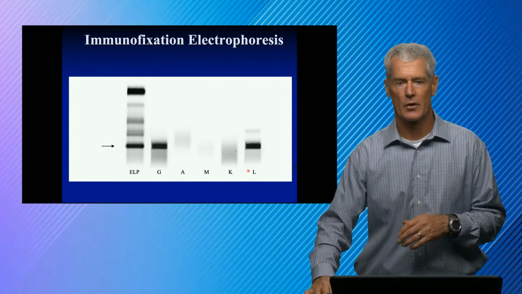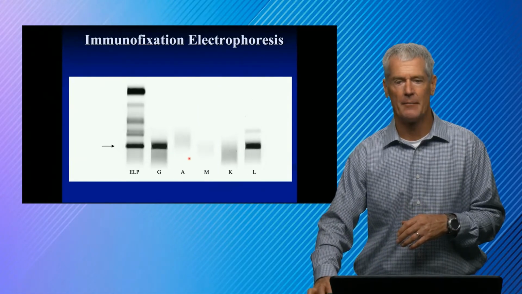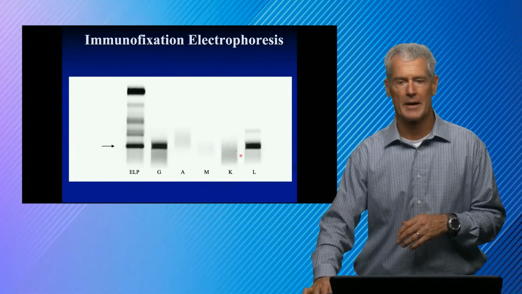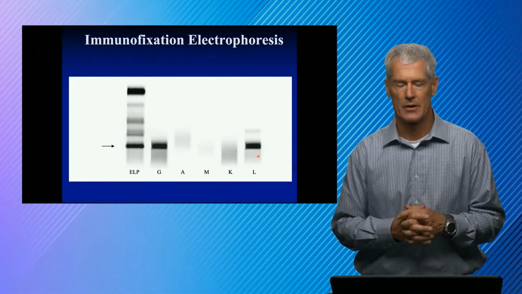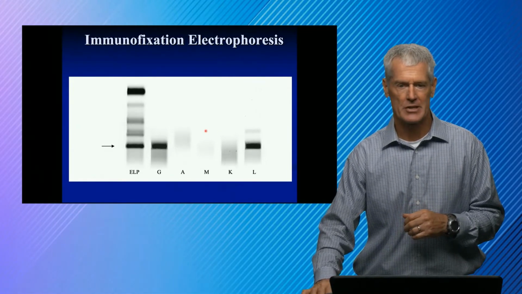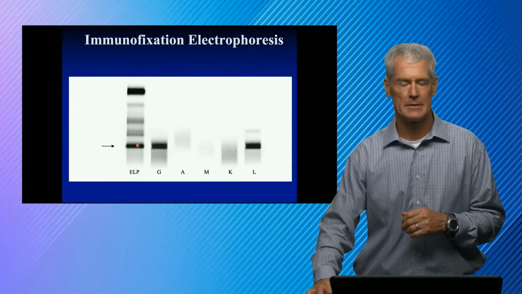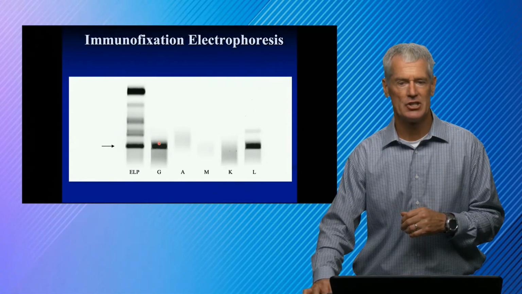So we're just really focused on G, A, and M, and we want to see, do they have corresponding kappa or lambda light chains?